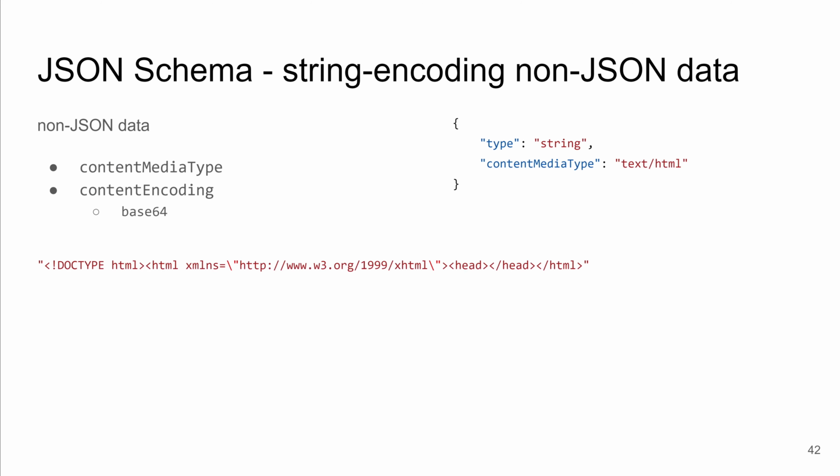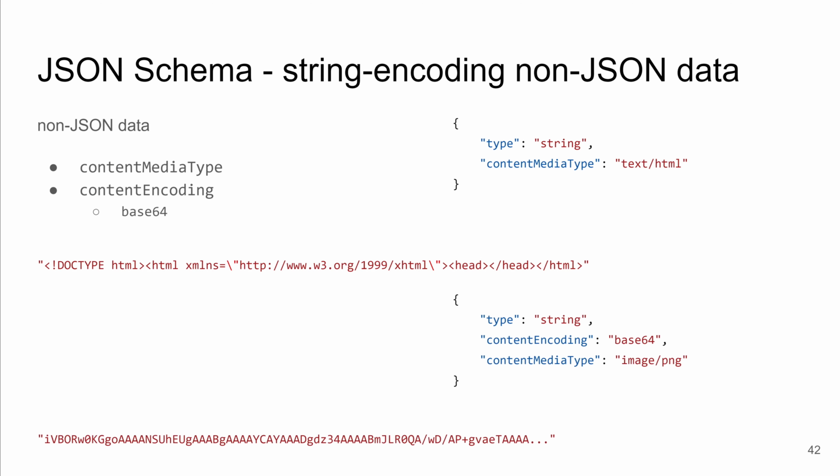So for instance, here we want to say that a certain value is a string and the content media type is text/html. So we are saying in the schema that this JSON value is actually an HTML document. And like this, we can, for instance, include a PNG image in a JSON file by encoding it using base 64 encoding.